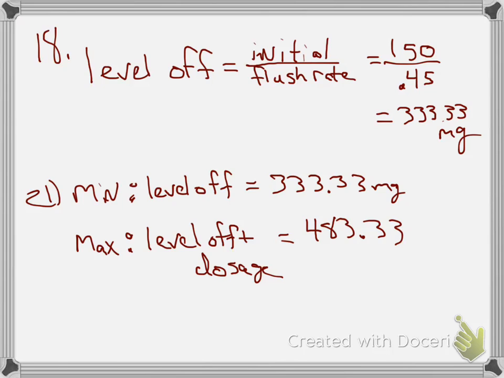So we took this 333 plus that 150, that's the amount we were taking as a dose, and added them together to get 483.33 milligrams. So I kept it fairly easy. I wanted something that would be decently easy for y'all. Okay?